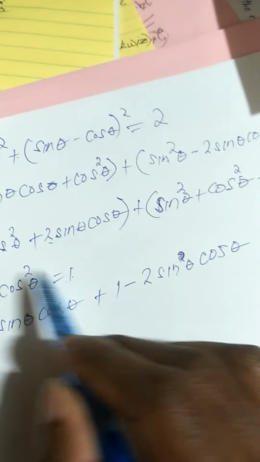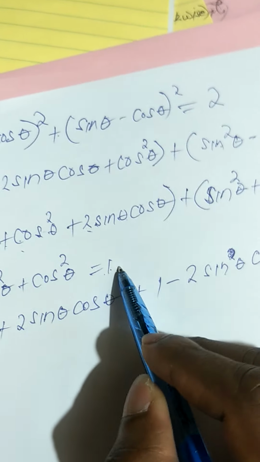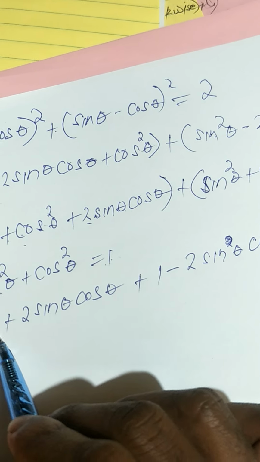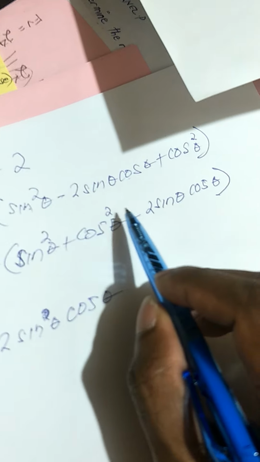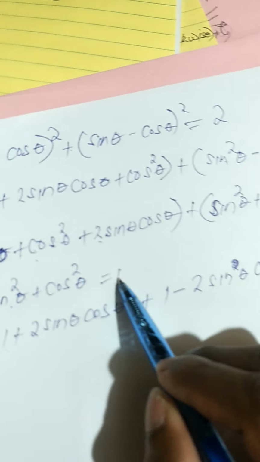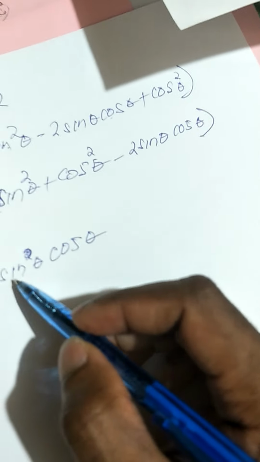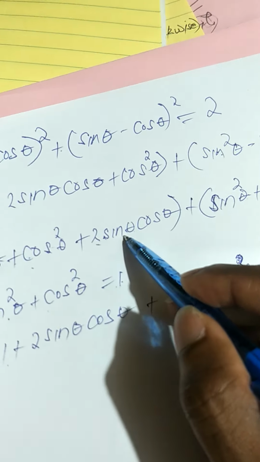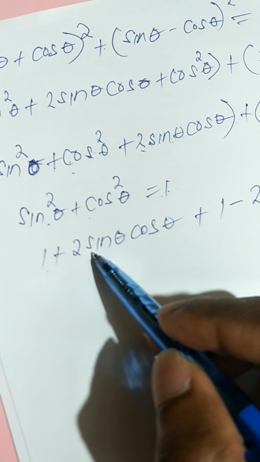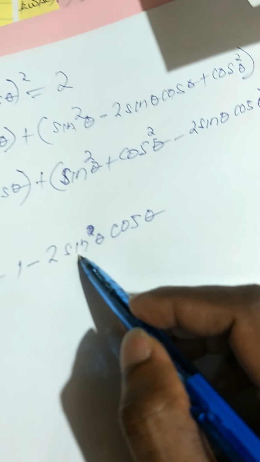Because this one is equal to 1, this one is equal to 1, so I copy 1 down. The relationship for this one is the same as this one. And I copy down this one, which I did the same as here.